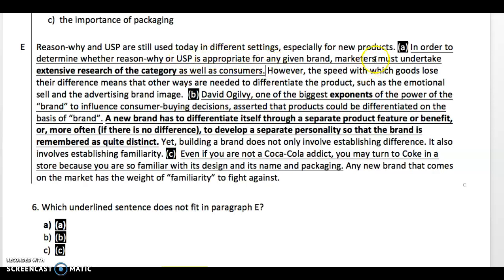Here, sentence A talks about an extensive research should be done. But after that, in these sentences, you don't read about any research. So this means this sentence is irrelevant, right? That's why the answer is A.